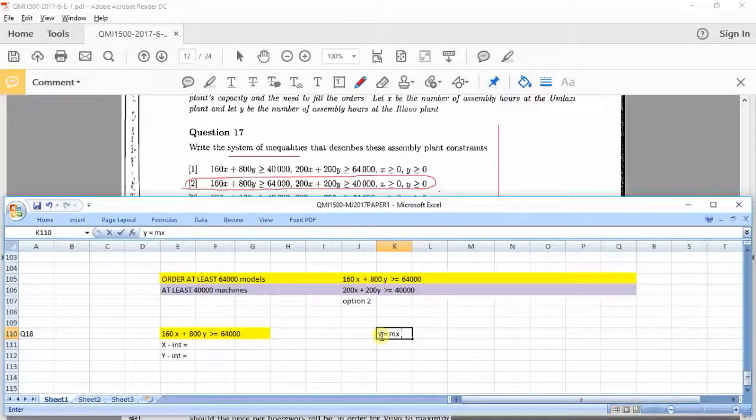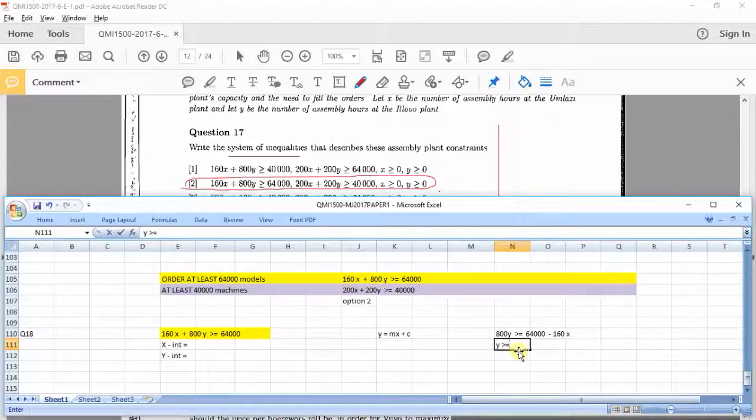To get the intercept, I want the equation y equals mx plus c. To rearrange this formula, I'm going to write down 800y greater than or equal to 64,000 minus 160x.